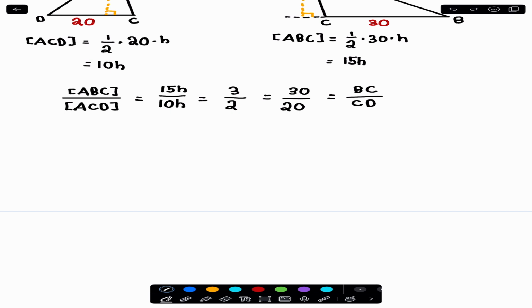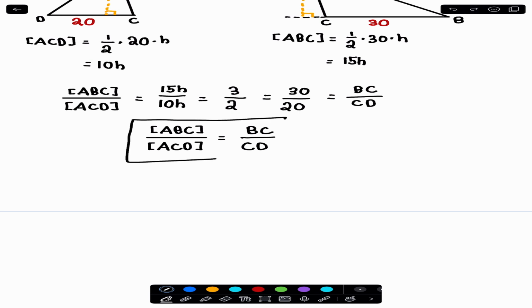So when we combine everything together, the ratio of the area of triangle ABC to the area of triangle ACD is equal to BC over CD. There we go. This is something I want us to remember.